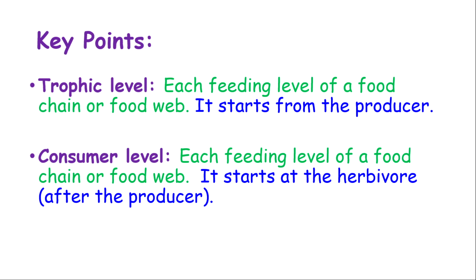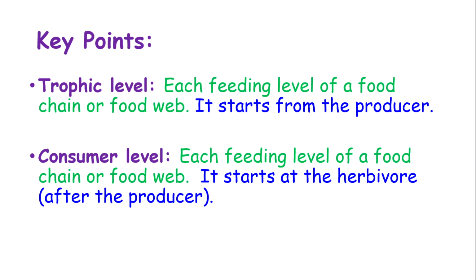All right, now consumer level, this is each feeding level of a food web, but it starts from the herbivore. It starts from the herbivore. In other words, it starts after the producer. It starts after the producer.